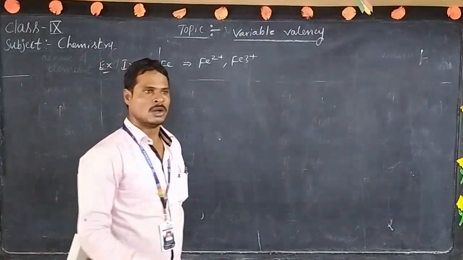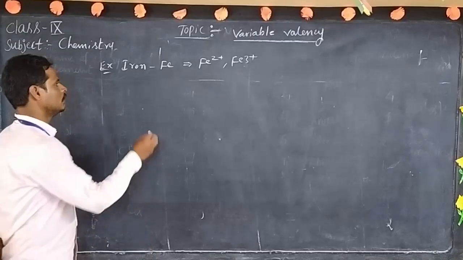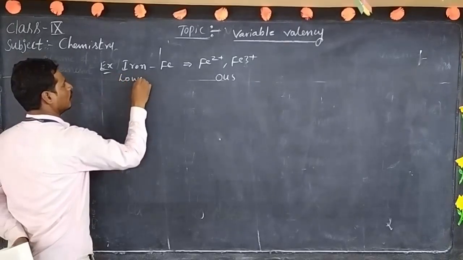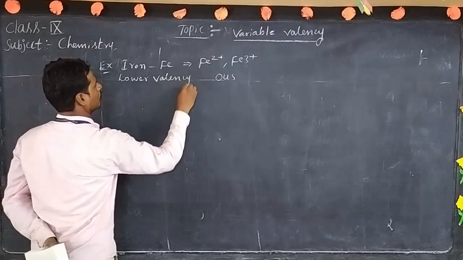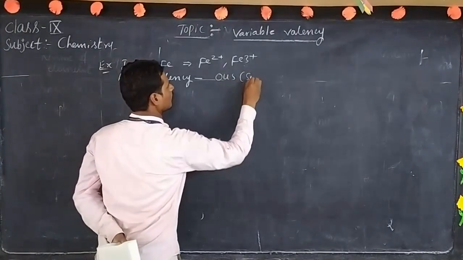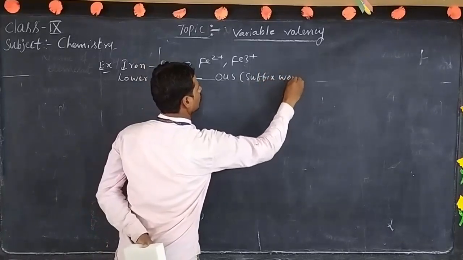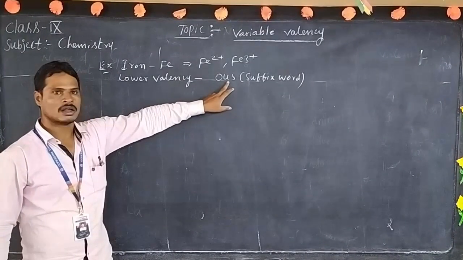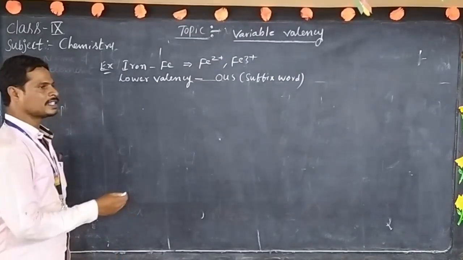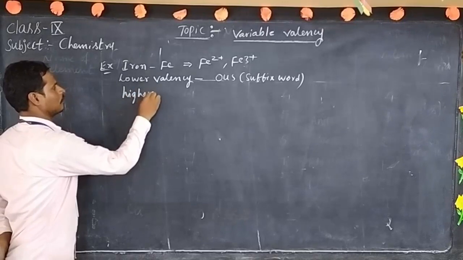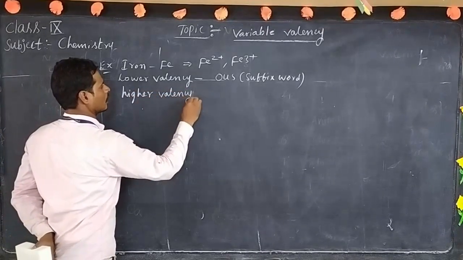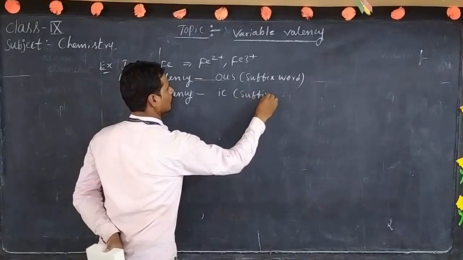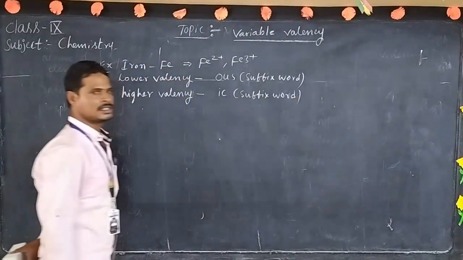If an element exists in a lower valency, then the suffix used is the -ous form. For a lower valency, we use the suffix -ous. Next, if an element exists in a higher valency, the suffix we should use is the -ic form.